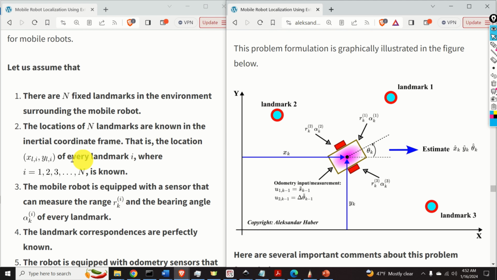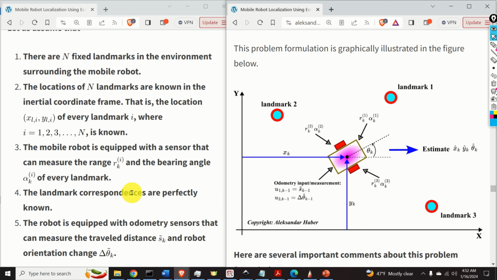That is, the location xli and yli of every landmark i, where i goes from 1, 2, 3 until n, is known. Number 3. The mobile robot is equipped with a sensor that can measure the range rki and the bearing angle alpha ki of every landmark. These measurements are represented over here.